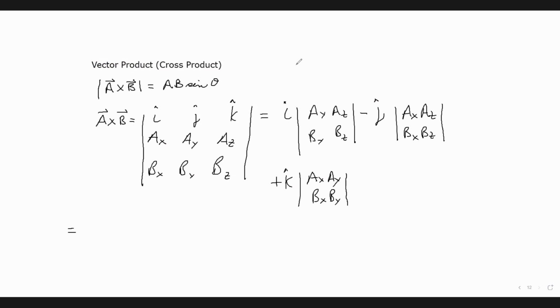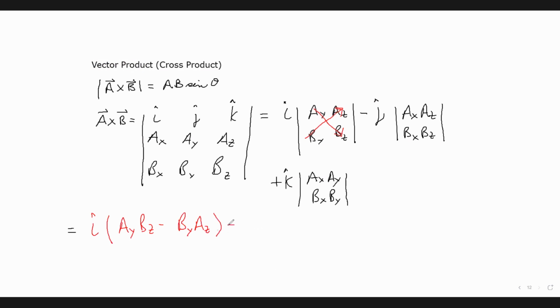Well, I multiply this way, and then I subtract multiplying this way. So the ith component is AY times BZ minus BY times AZ.